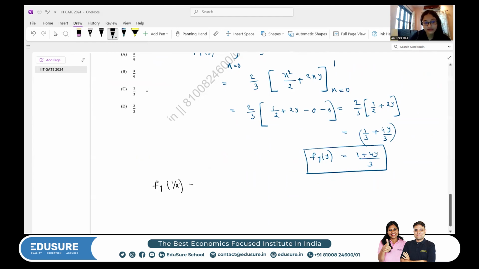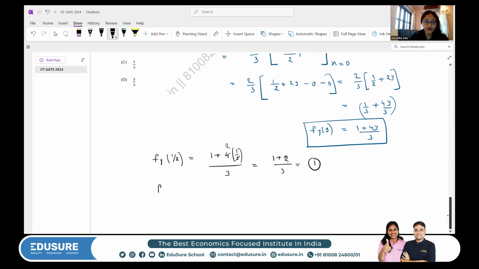So instead of y, you are writing half. So it will be 1 plus 4 into this upon 3. So it will be 1 plus, this is 2. So 1 plus 2 upon 3. 3 upon 3 is 1.